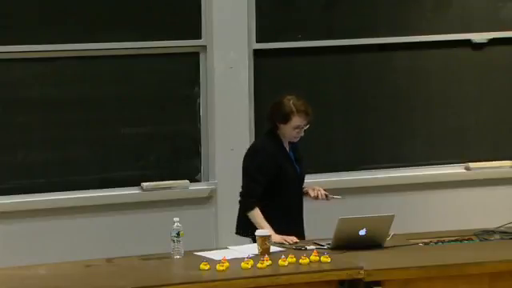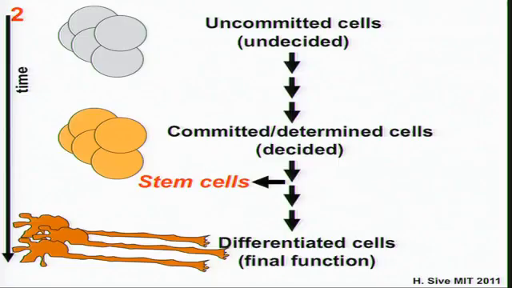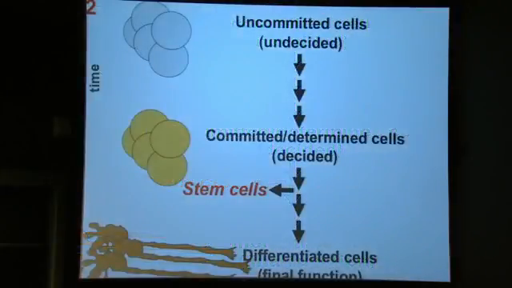Okay. We previously talked about this process by which cells decide, or are undecided initially, they decide what they're going to become, and then they differentiate into their final function. Stem cells fit into this litany somewhere between the commitment stage and the differentiation stage. And in this diagram, these multiple arrows are there for a reason.